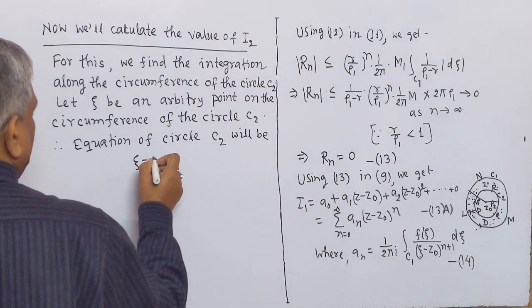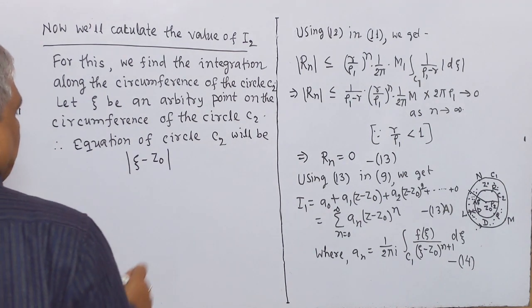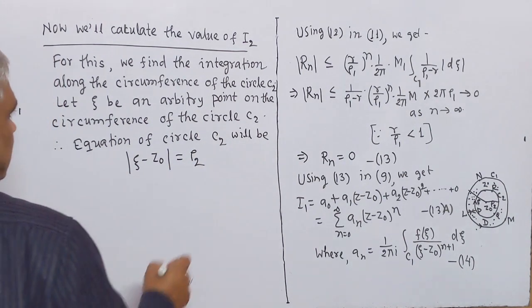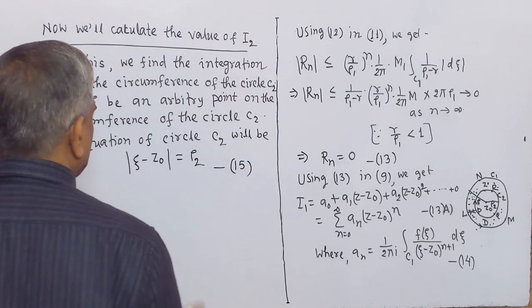modulus of xi minus z naught, z naught being the center, equal to rho 2. Let this be number 15.